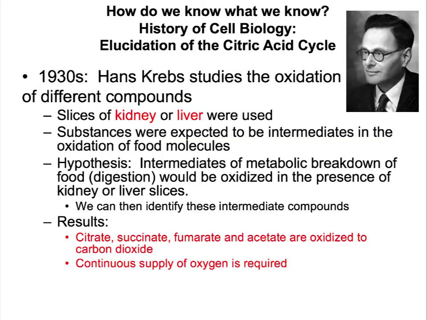Now, the Krebs cycle is named after Hans Krebs, who in the 1930s performed a lot of experiments on tissue from mice, and he was able to elucidate what was going on. So he is given credit for the Krebs cycle.